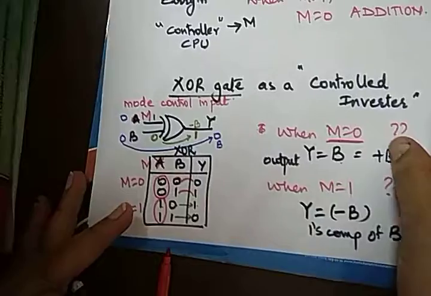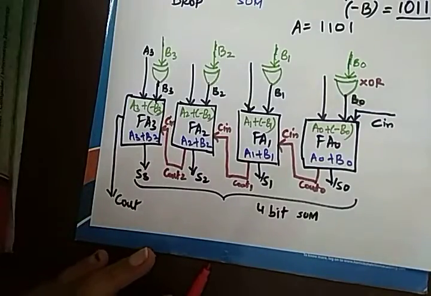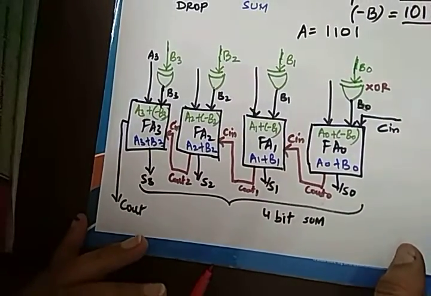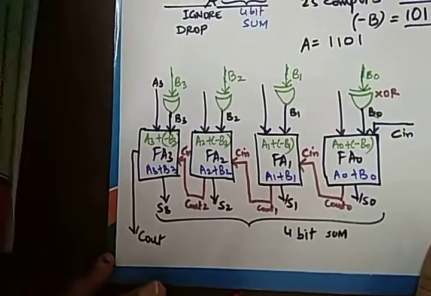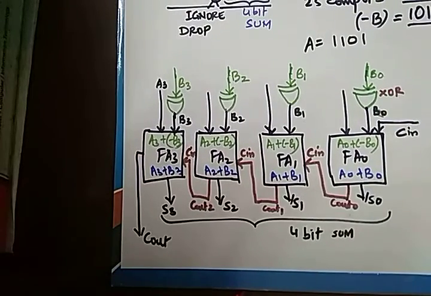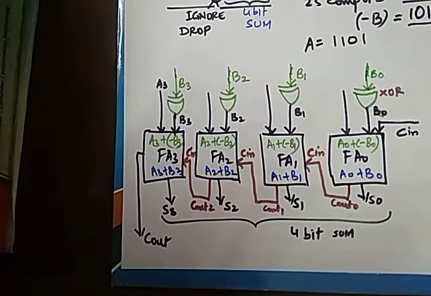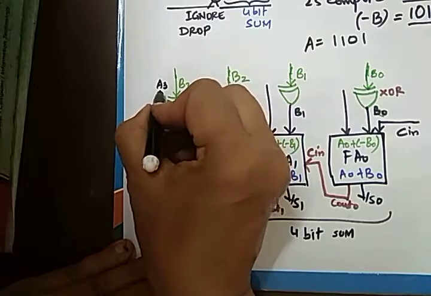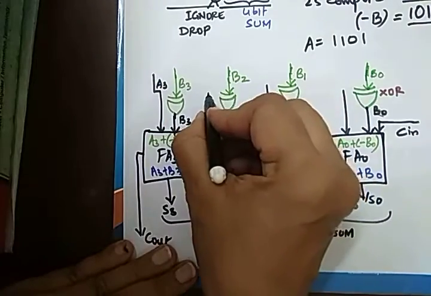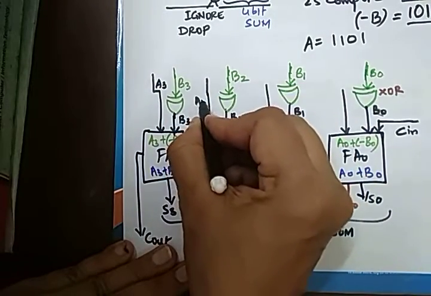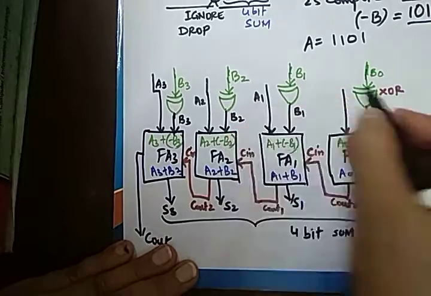So now let us come back to our diagram of the adder subtractor. The line M, the mode line, we saw that our M line will be called the mode line.